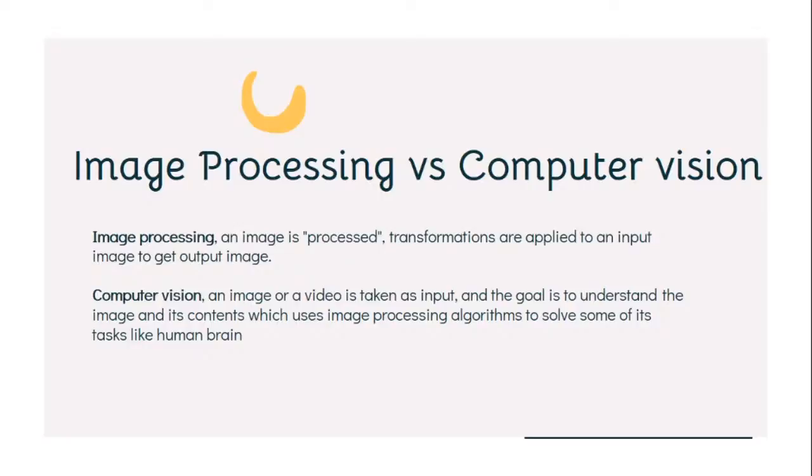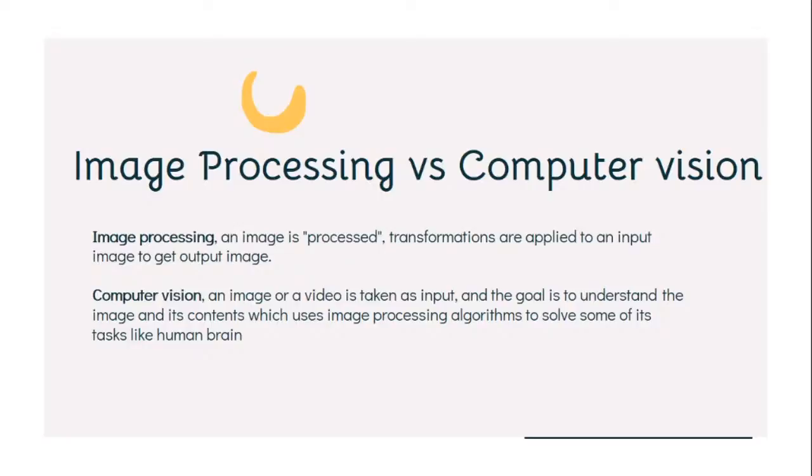That filter will help remove the noise to get a very good image, for example salt and pepper noise. It helps remove any kind of noise in an image. So image processing applies some kind of transformation to convert an input image to an output image. This is normal image processing.